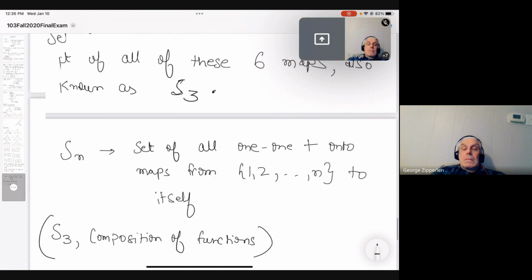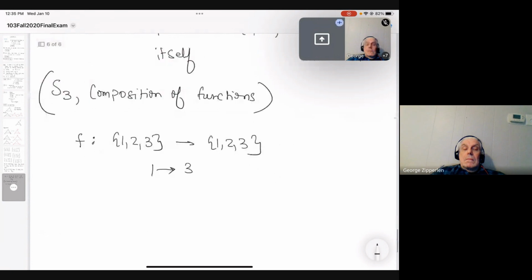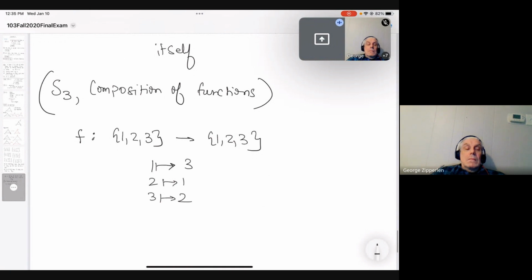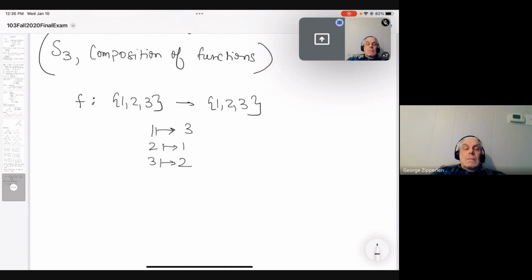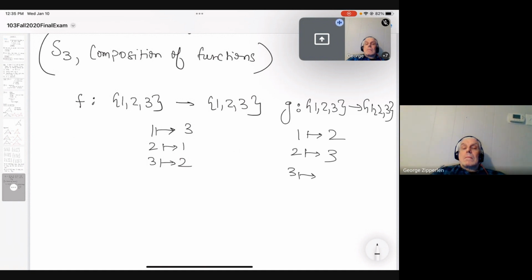such that 1 goes to 3, 2 goes to 1 and 3 goes to 2. And let's take the second rotation. Again, G from 1 to 3 to itself, such that 1 goes to 2, 2 goes to 3, and 3 goes to 1.